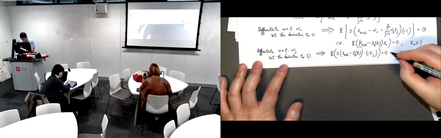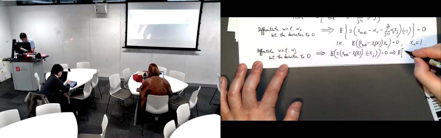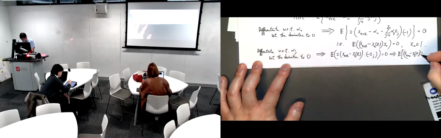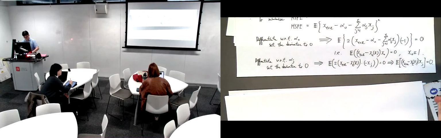That's 0. It implies that the expectation of (X_{t+L} minus X_t[L]) times X_j is 0.